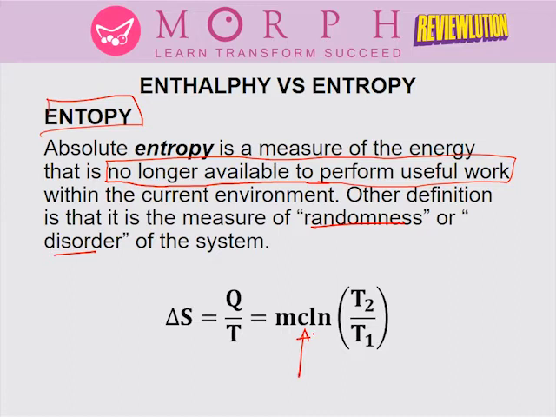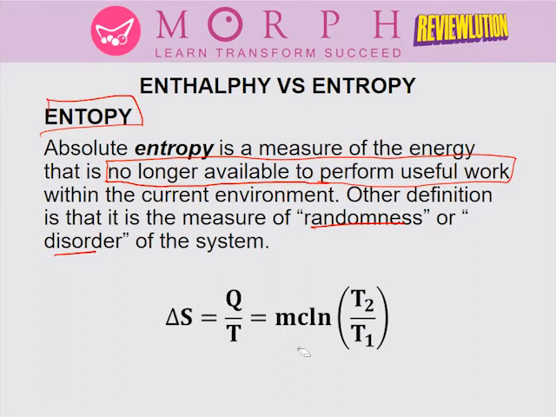Ngayon, ang entropy guys is nakadepende kung ano yung process niya na nag-undergo. Anong process nag-undergo yung iyong system. So mamaya, mapapansin ninyo, magbabago po itong CP. Just as early as now, dapat alam na natin yon. Yung C na to, magbabago po ito depende sa process na nag-undergo yung ating system.